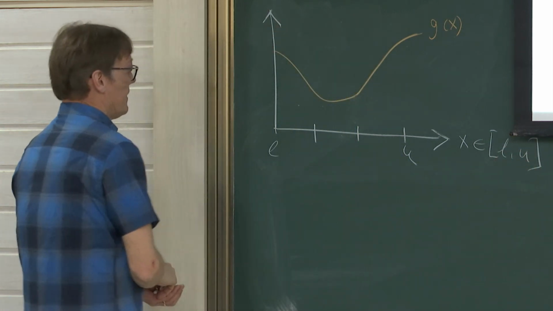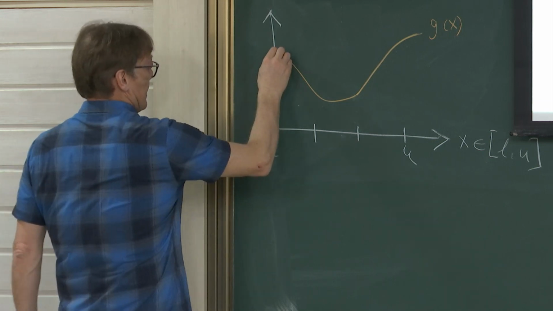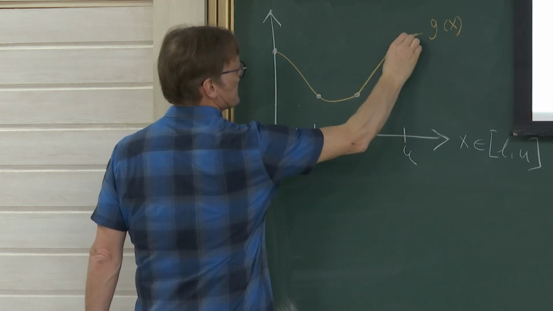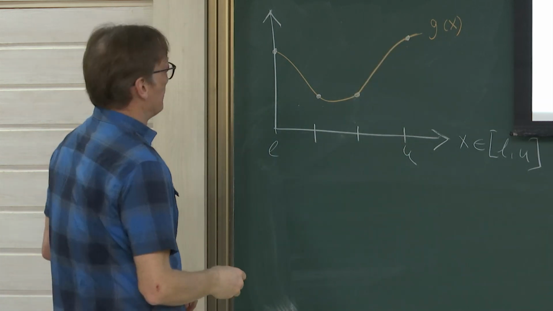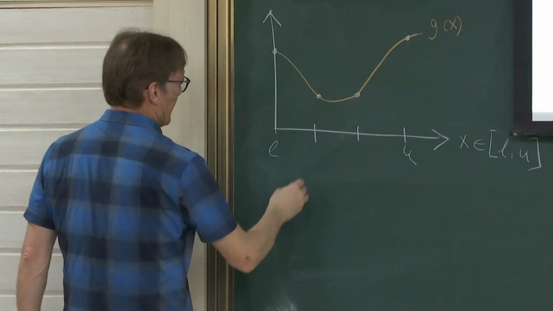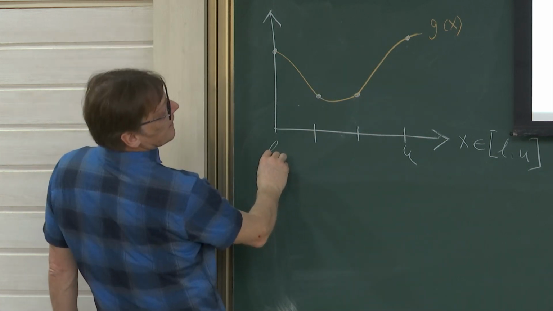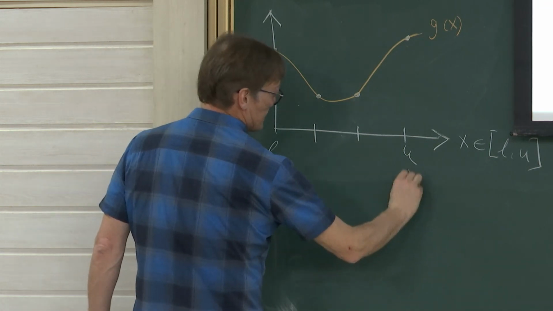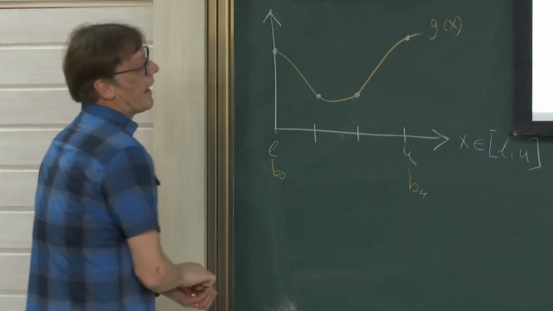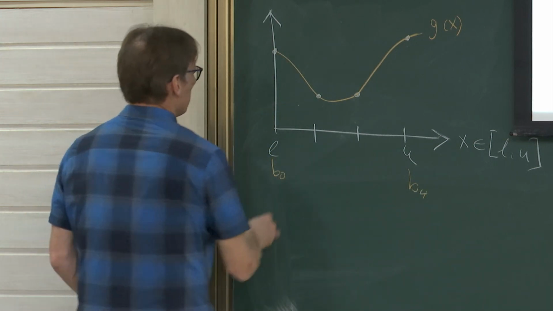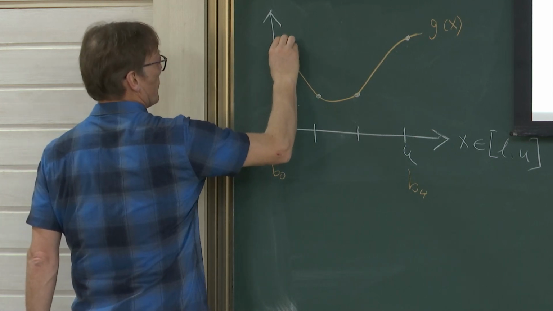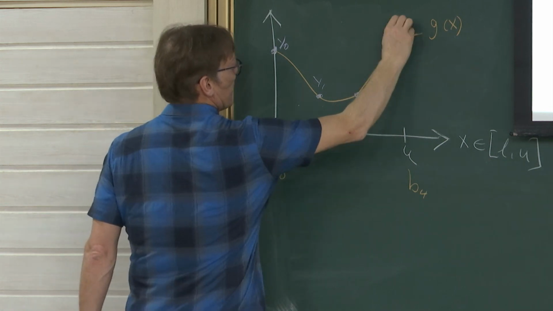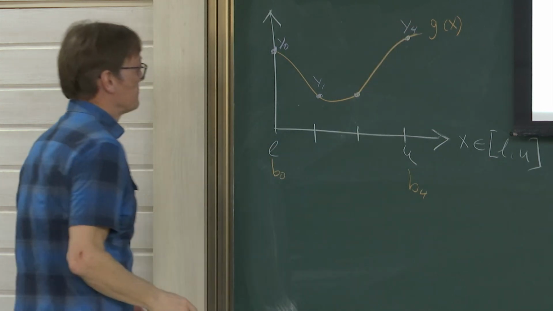I must assume that. And then I evaluate my function at these breakpoints. So this would be b0, this is b4, and then corresponding to the breakpoints, I evaluate my function. So this is y0, y1, up to y4.